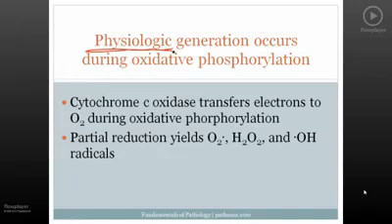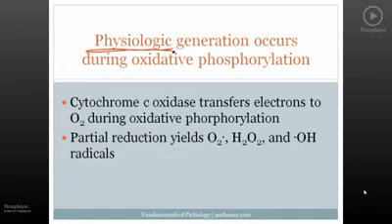Now let's review oxidative phosphorylation briefly and remind ourselves that during oxidative phosphorylation, cytochrome C oxidase transfers electrons to oxygen as a final electron acceptor. And you recall in our prior discussion of the electron transport chain, oxygen obviously accepts electrons, which then drives the production of a proton gradient, which then eventually drives the production of ATP.